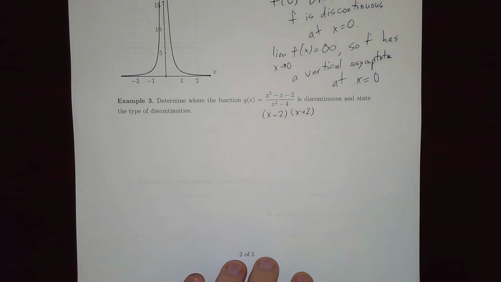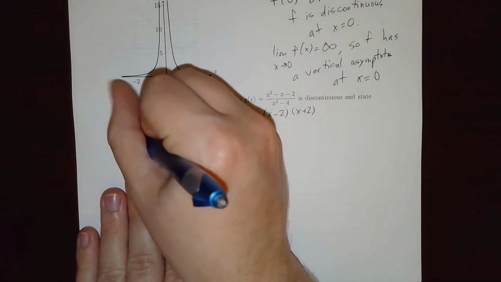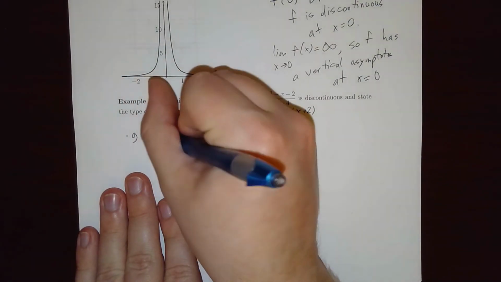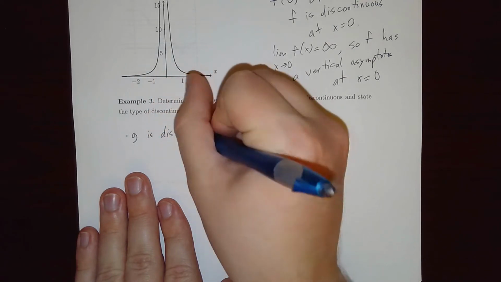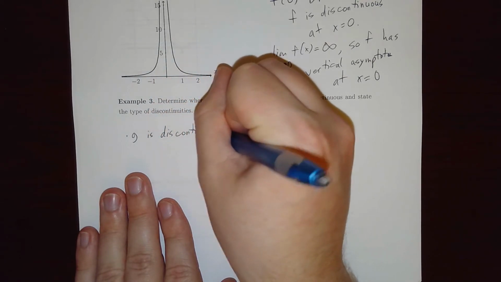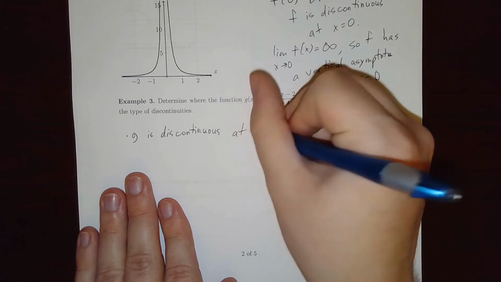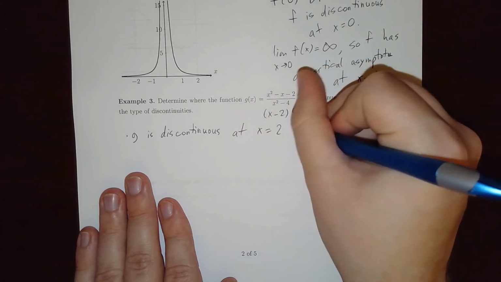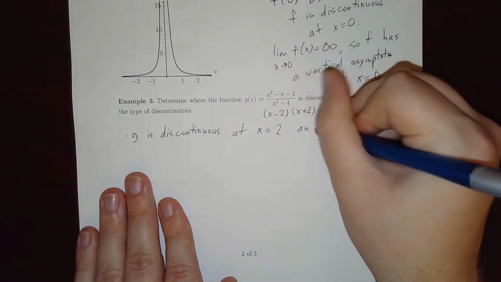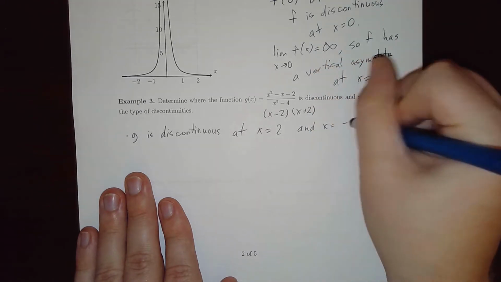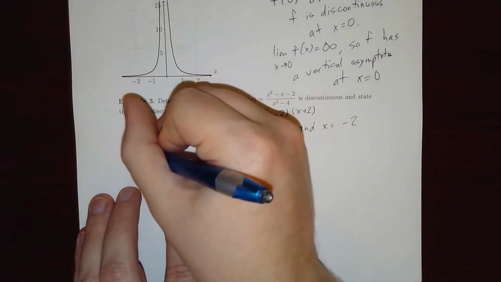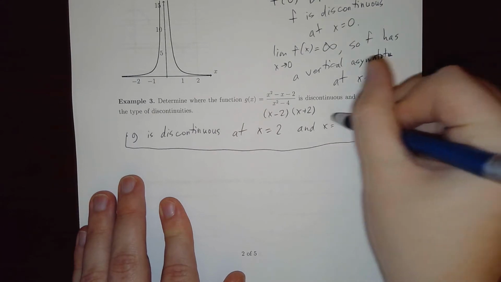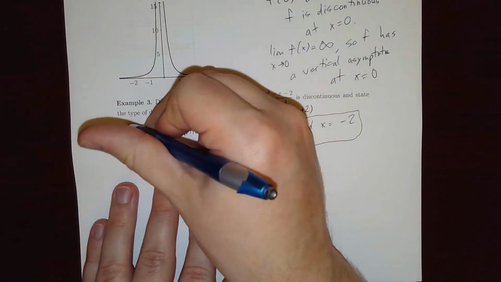So we have those two factors. So we immediately know g is discontinuous at x equals 2 and x equals negative 2. So this actually tells us right away where we have our discontinuities.